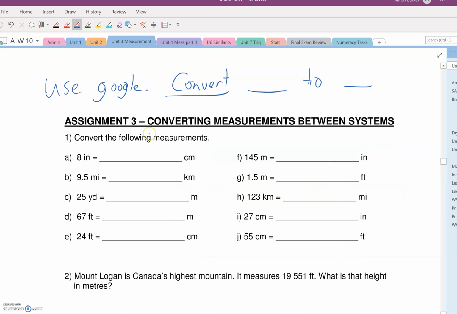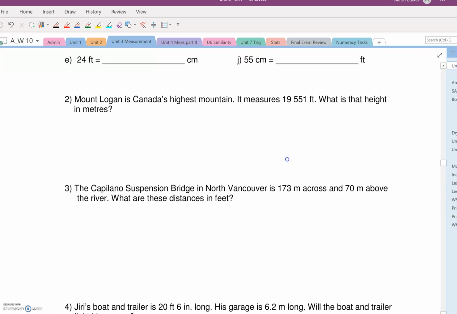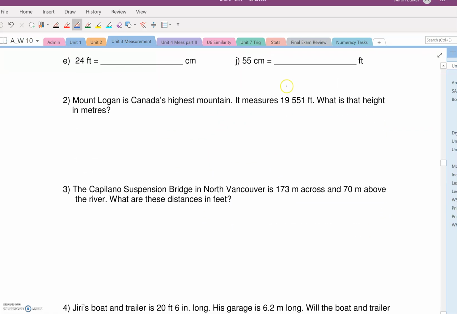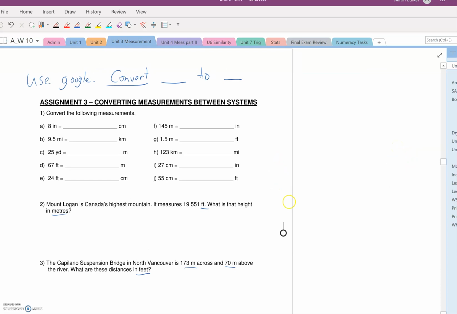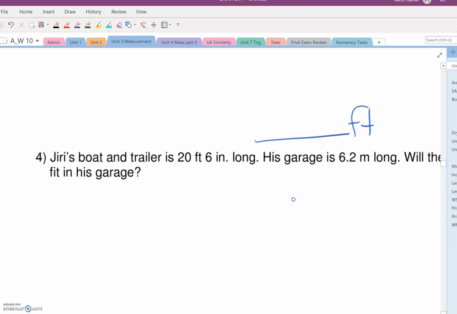Okay, so assignment number 3 is now due. Here's some word problems. Again, you're just converting. So converting feet into meters, converting meters, those two dimensions, into feet. So you're going to get 2 answers. Same thing here. Now it's a little bit tricky for this second one, number 4.